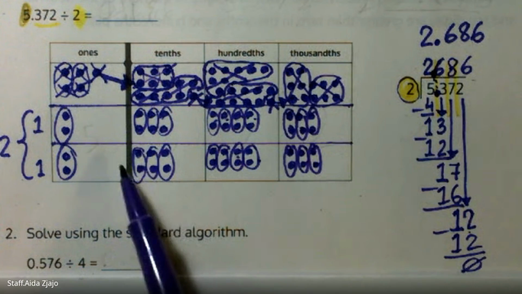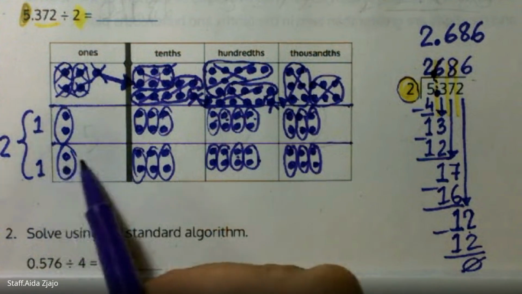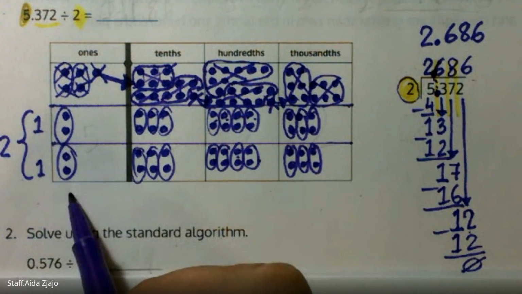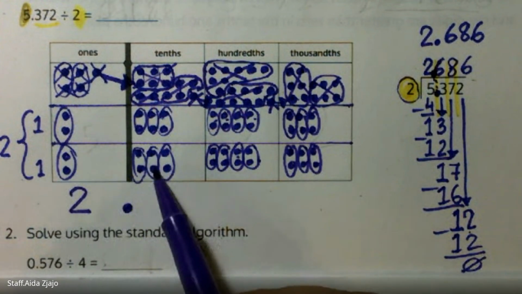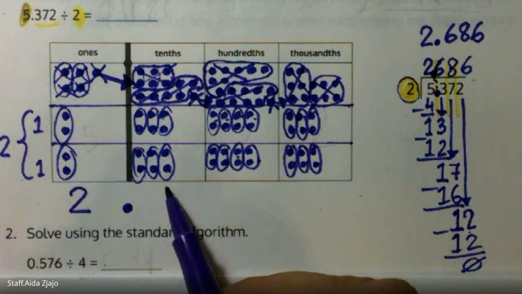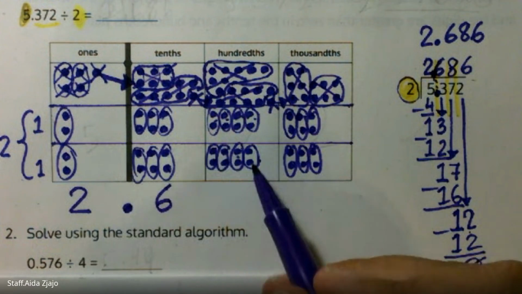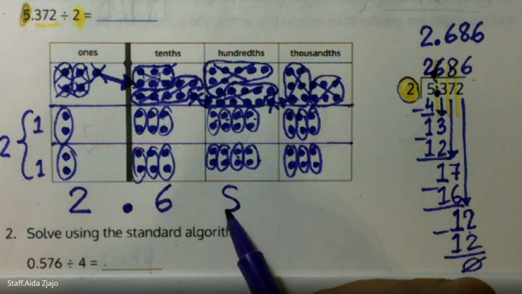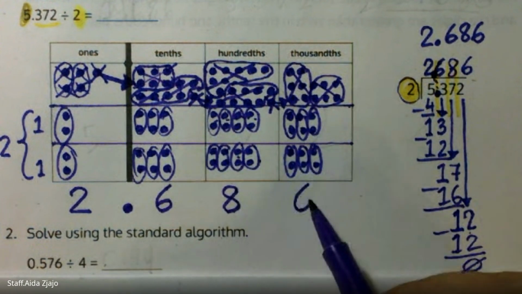So now you know what the answer is. What is in each group? In each group is 2 wholes and 1, 2, 3, 4, 5, 6 tenths, and it is 2, 4, 6, 8 hundredths, and then also 6 thousandths.